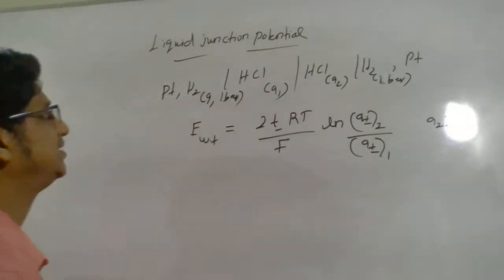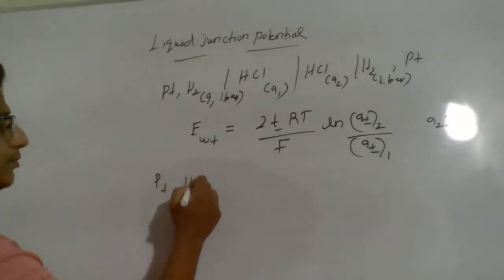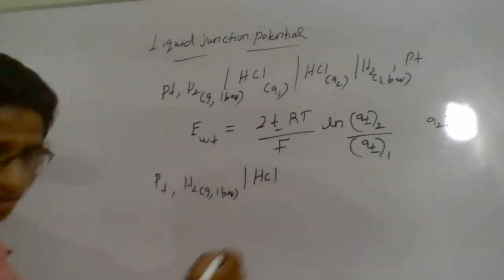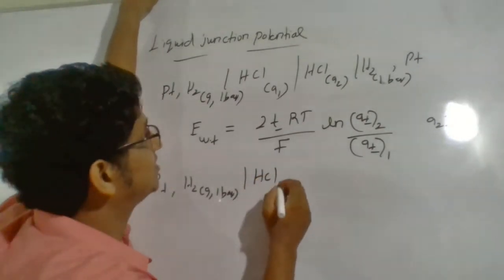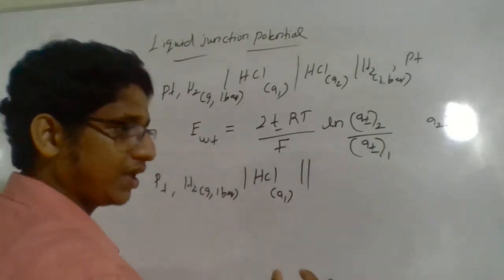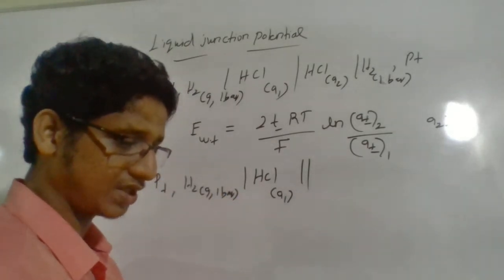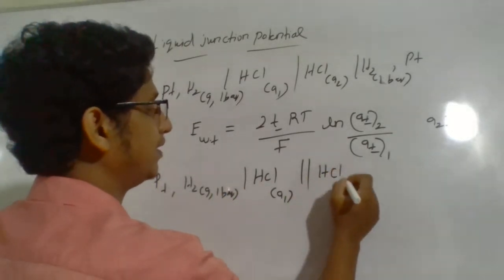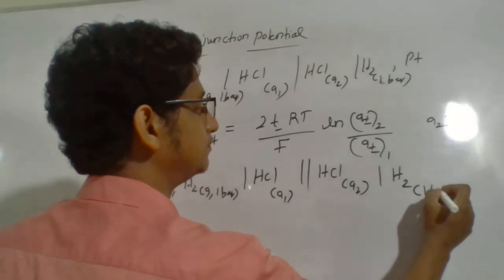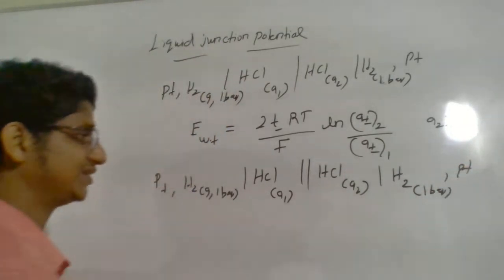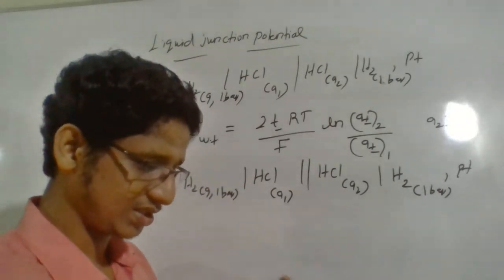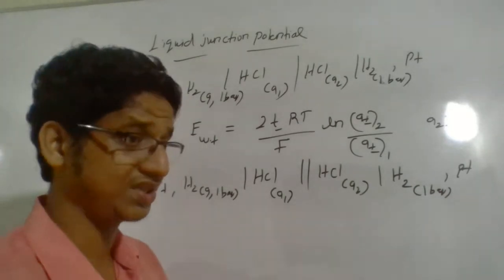Now a similar case: take platinum, hydrogen gas at 1 bar pressure, HCl A1, and now we separate through a salt bridge, which means direct transfer of electrolyte is not allowed. In such cases, the liquid junction potential is not there. This is a case where the electrolytes are not allowed to intermix at the junction, so we generally use a salt bridge.